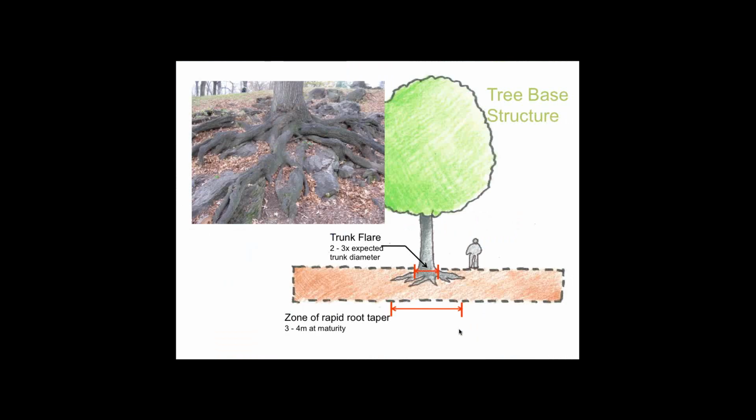So let's move on to the next item, which is the base of the tree, the trunk flare and zone of rapid taper roots. These are very large structures, very dynamic structures that must grow, and as we start to grow very, very large trees, these are the areas that become in conflict with paving and other things that we put close to the tree.